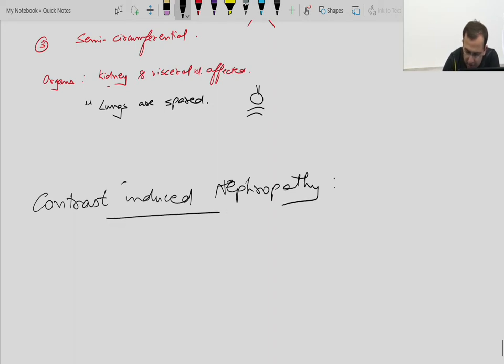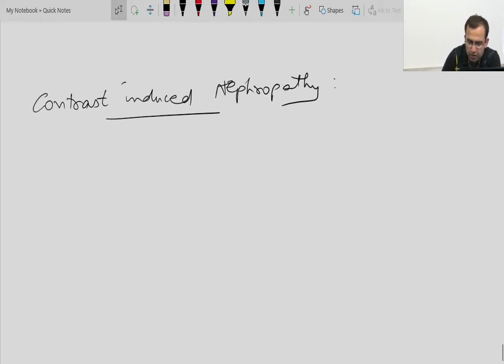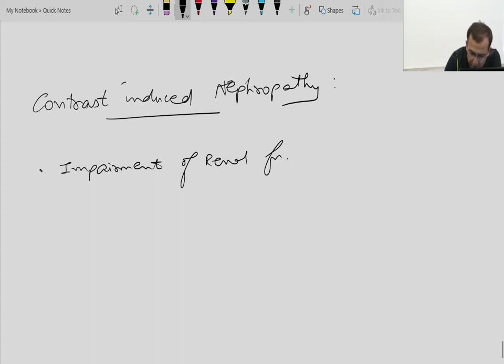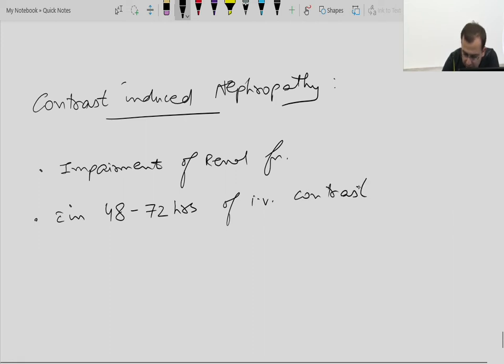The name tells you everything. Contrast induced, so it is nephropathy. It is associated with impairment of renal function within 48 to 72 hours of IV contrast.